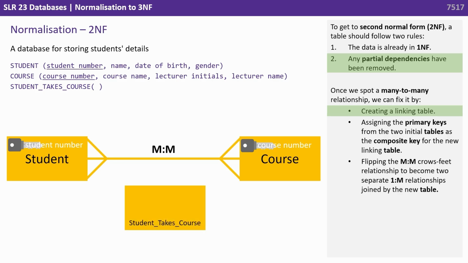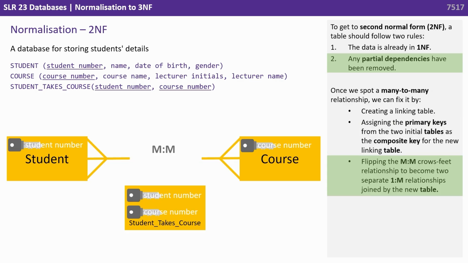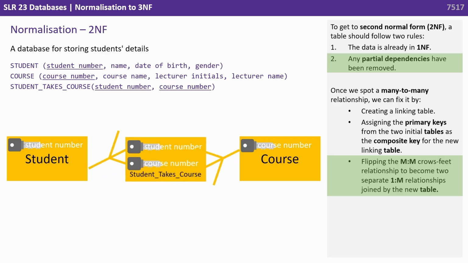So create a linking table, assign the primary keys from the two tables to be a composite key in the new table, flip the crow's feet relationship to become two separate one-to-many relationships joined by the new table.